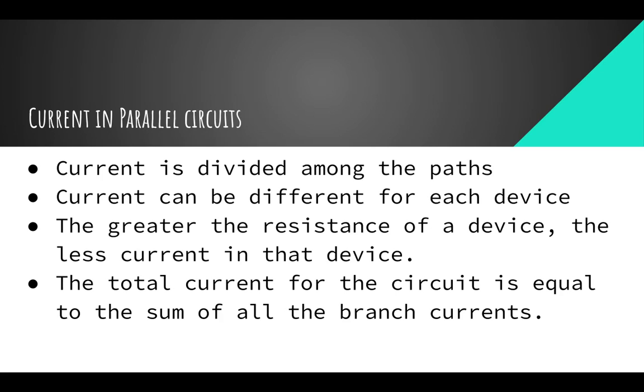So, in your kitchen, let's say all your outlets are on one parallel circuit, which there might be multiple circuits in one room, but let's just say all your outlets are on one circuit, and you have your toaster going, your microwave going, your refrigerator going, your blender going, all these things going at one time.